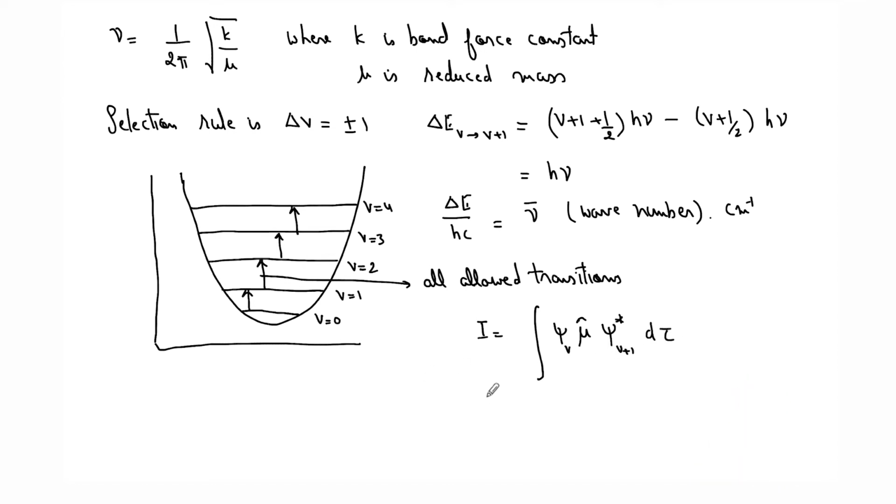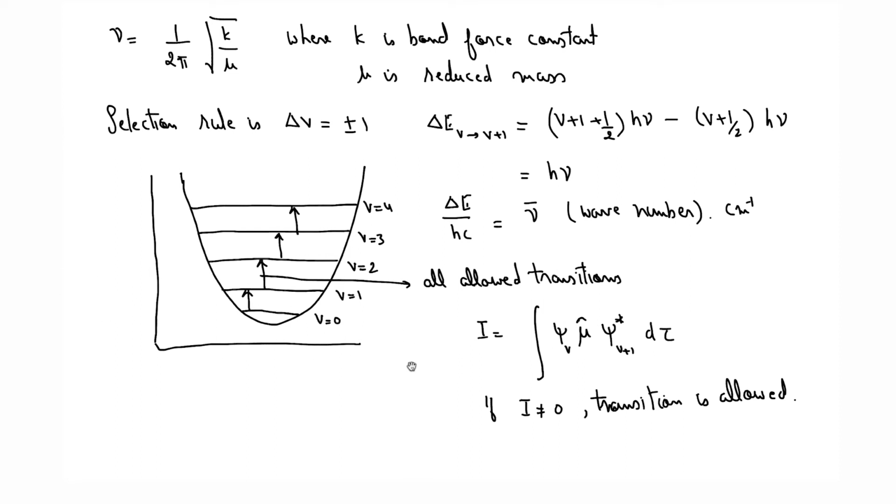If the integral I is not equal to 0, the transition is allowed, right? For this part you can look at the character table and find out what the irreducible representations are. We have already done that, so let's not go into those details.